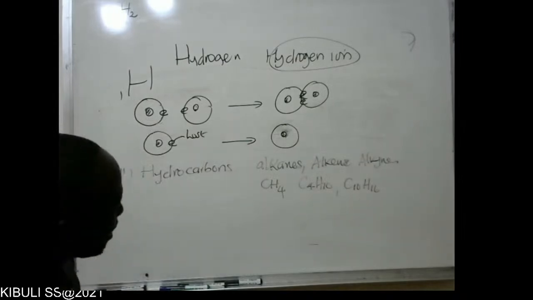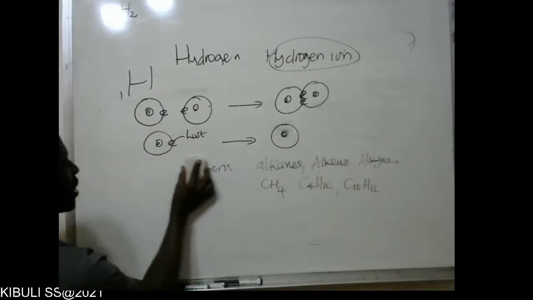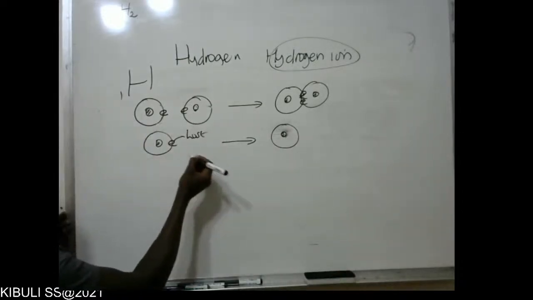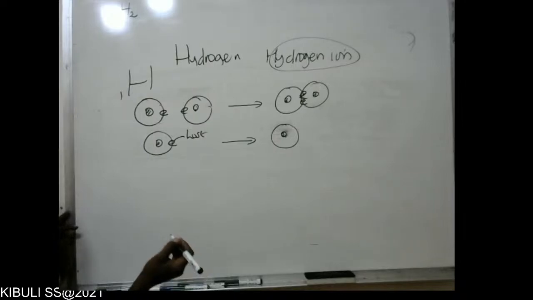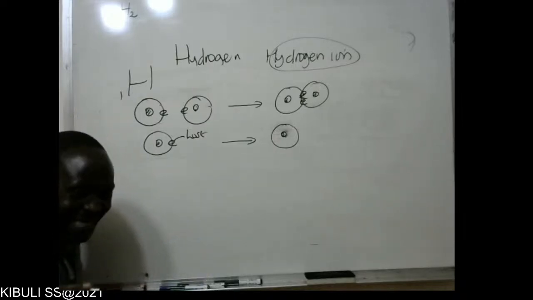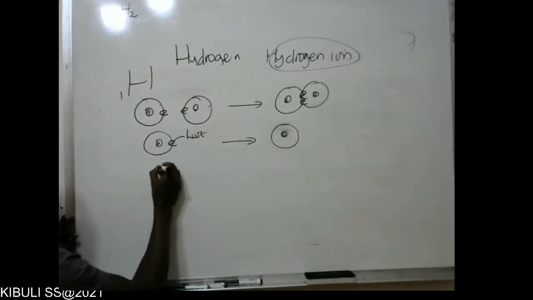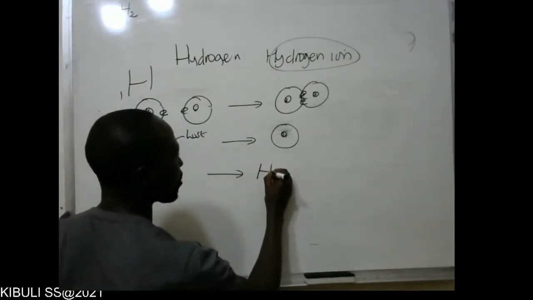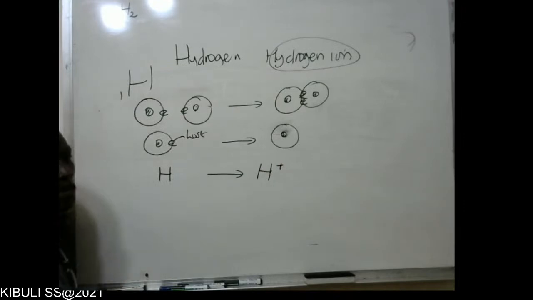And if you remember in our discussion, we agreed that once an electron is lost, you end up forming a positive ion called what? A cation. And since hydrogen has lost one electron, it has changed to a hydrogen ion, H+.